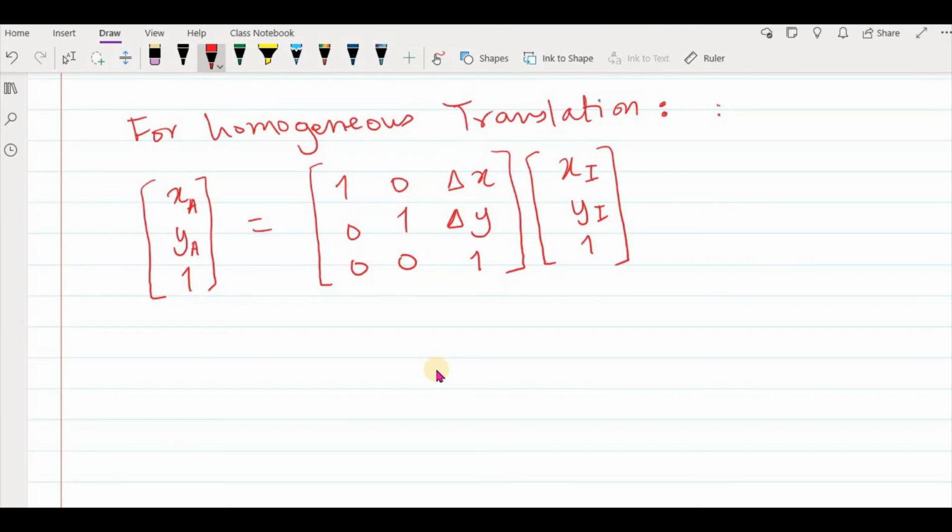You notice that using the homogeneous translation matrix, it's easier to multiply. Otherwise you have to do additions. For this matrix you get a 3 by 3 and also 3 by 3.